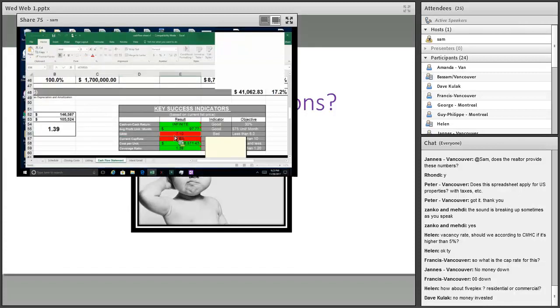Now the reason we like GRM is it's a quick calculator when you're just looking at a property. You can take the monthly rent, multiply it by 12 and divide by the value of the property, and it'll give you a good idea if the property is something we can look at. Now, do we want the GRM to be higher or lower? Do we want the number to be bigger or smaller?